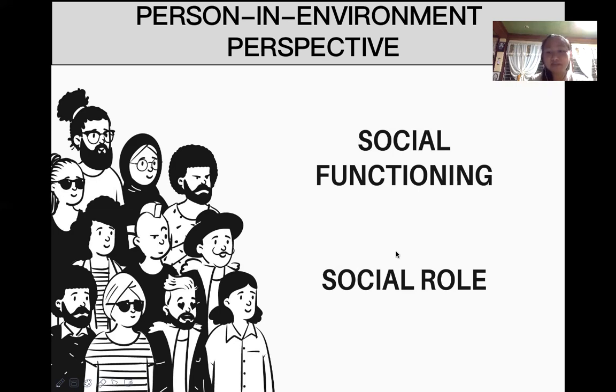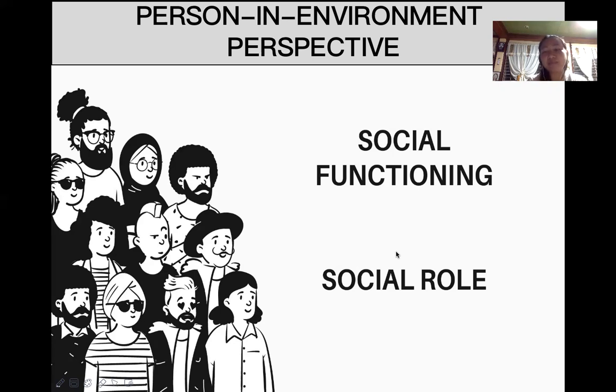Then we also have the social role, which is the recognized pattern of behavior and activities from an individual occupying a certain position in society. Most of the problems are coming from the context that a person is expected to do more than just one role.